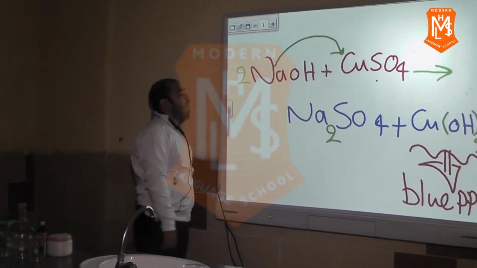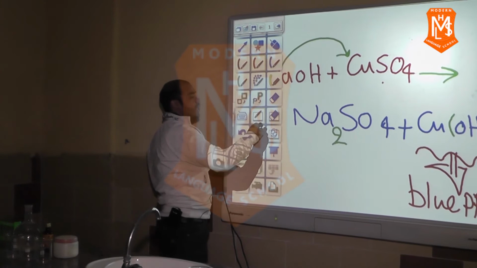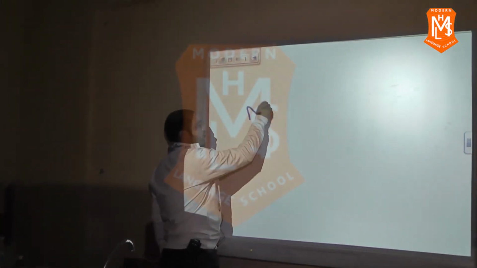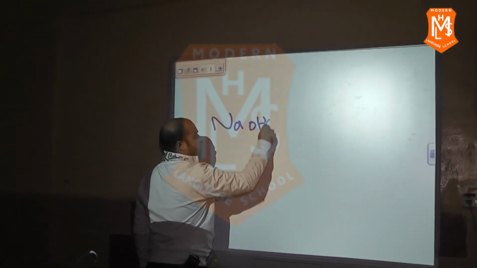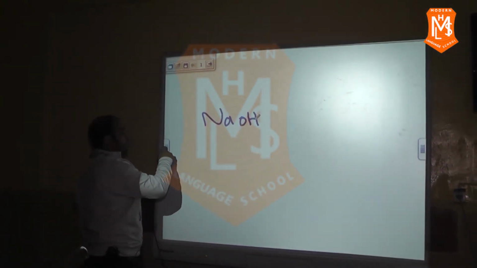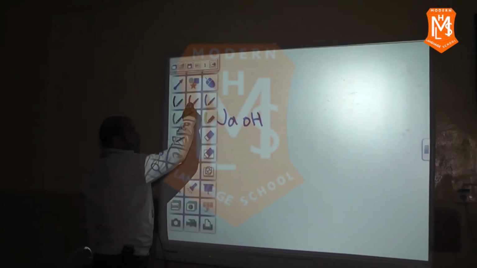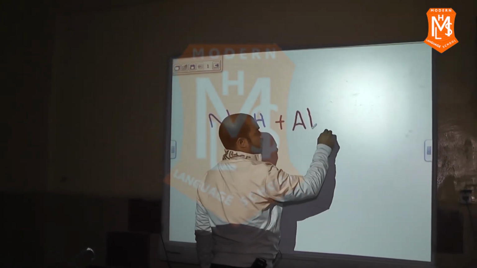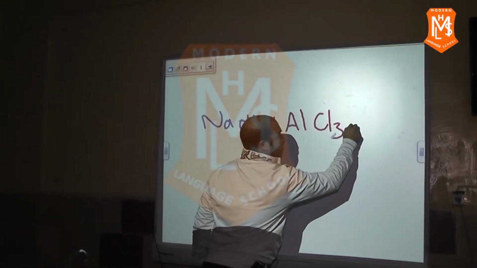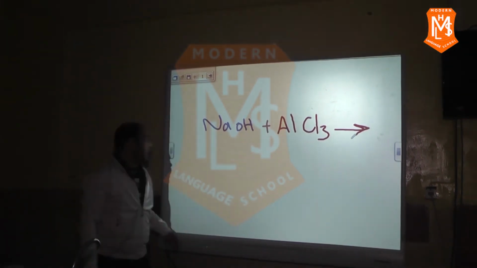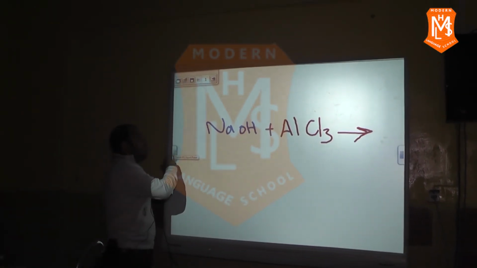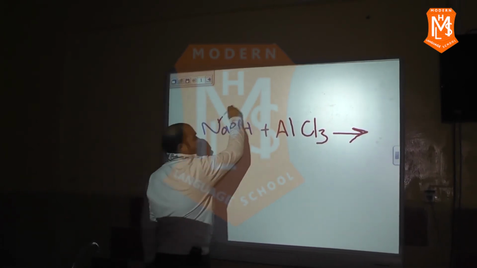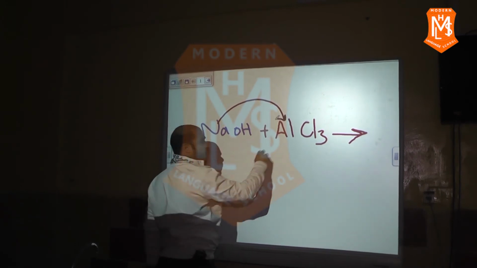Now we will show, secondly, how we can use sodium hydroxide, NaOH, to detect another basic radical, with AlCl3. As we said before, sodium is considered one of the strongest alkalis, which can easily replace another cation, Al.